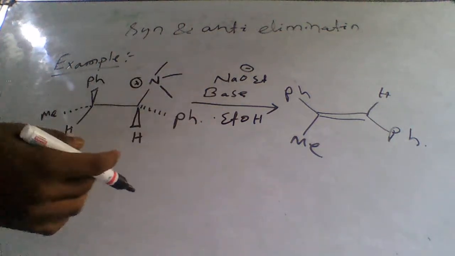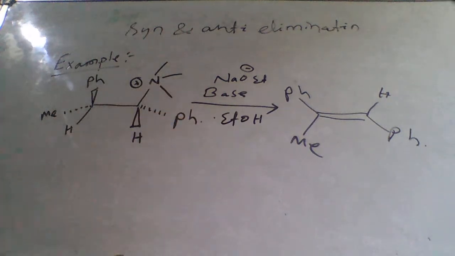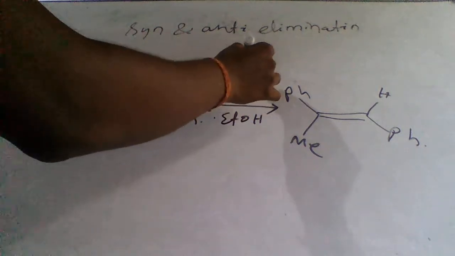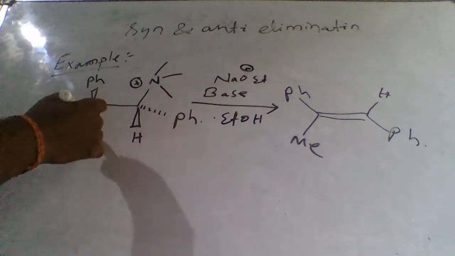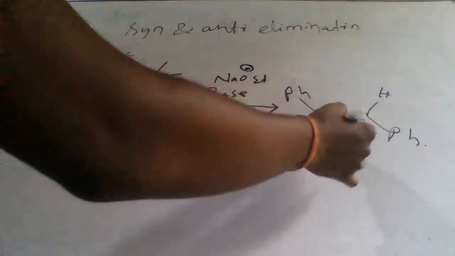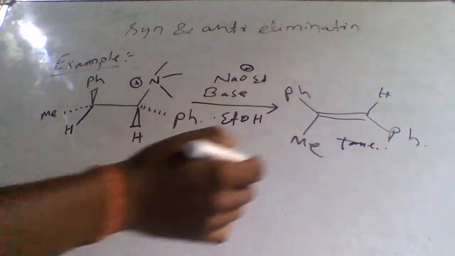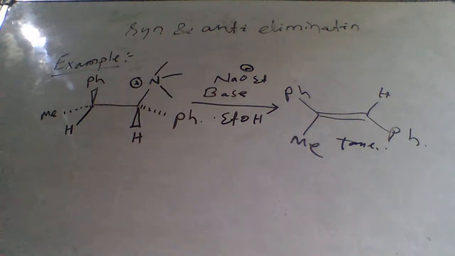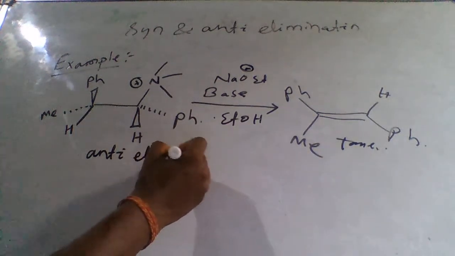But in the presence of the base, it will always go through trans elimination. Here we have used the base NaOH, and it will go through trans elimination, and it will give this trans alkene as the product. And this one is anti-elimination.